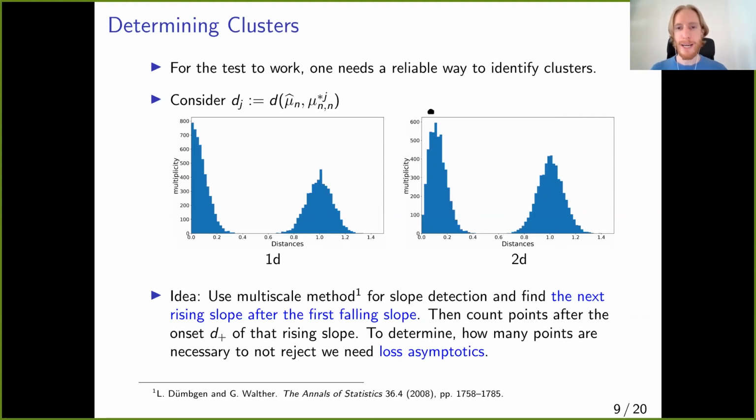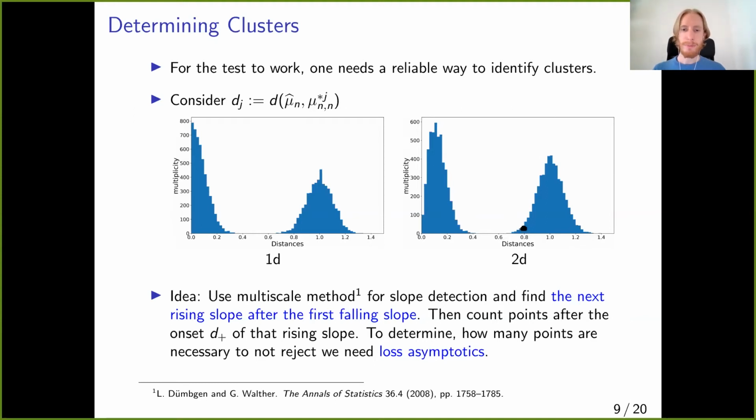So we don't take the first rising slope, because that can actually be the cluster which contains the sample mean. And even if this right-hand cluster didn't exist, we would have one rising slope. But we take the first falling slope, and then as soon as we detect a rising slope at some point, the leftmost point of this potential rising slope detected by this test will then be the starting point after which we count all the number of bootstrap descriptors for our test, right?